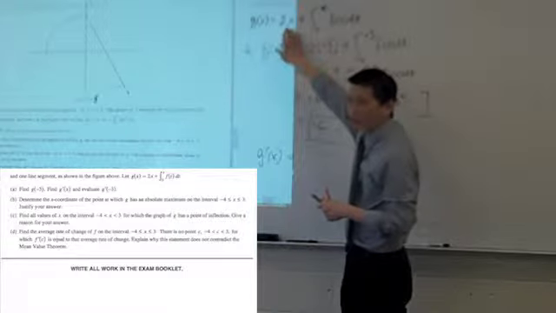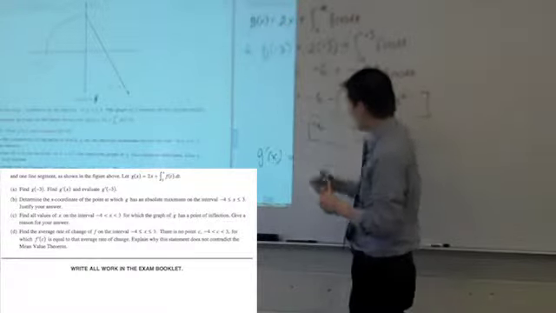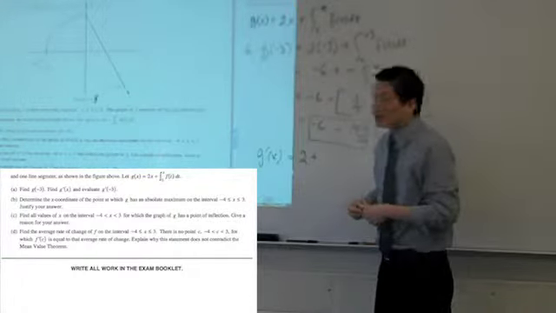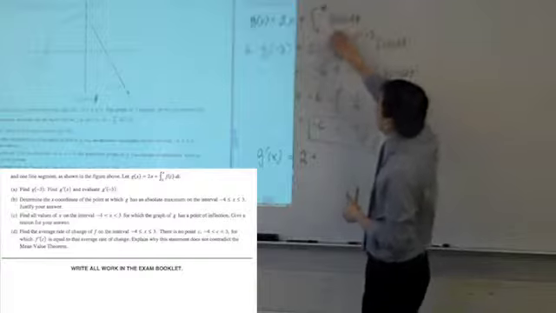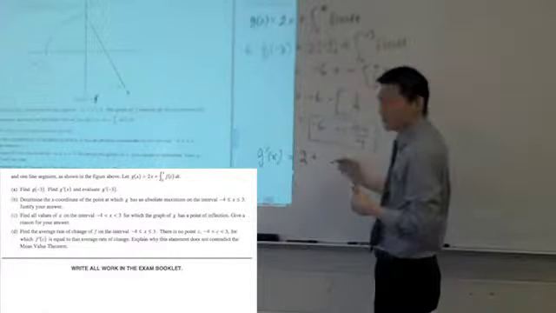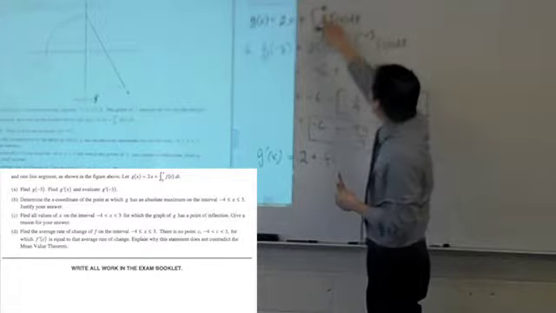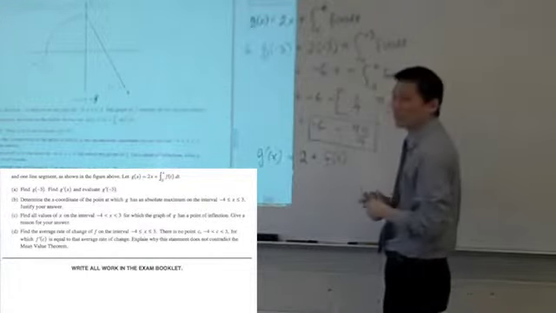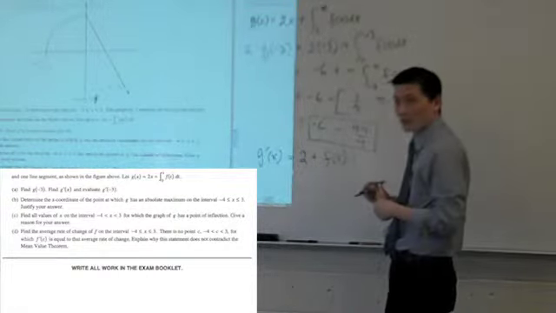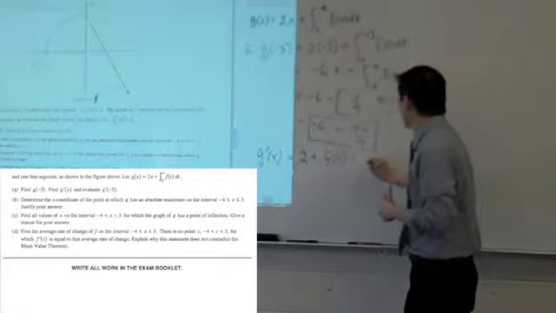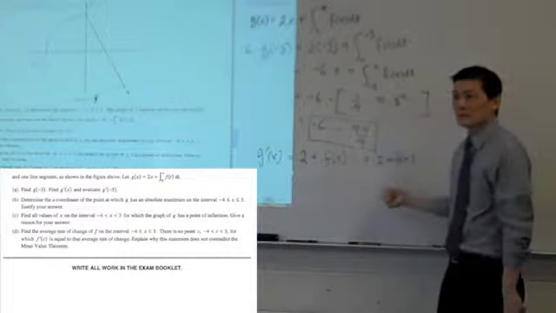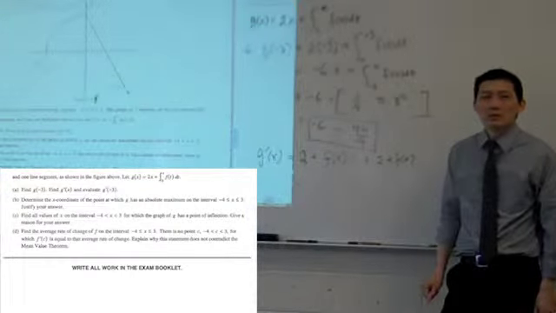So for the first term, the derivative of 2x must be 2, plus the derivative of the integral of f of t dt evaluated from 0 to x, which would have been f of x, putting the x in here, times the derivative of x, which is 1, right? So the answer is 2 plus f of x. That's it.